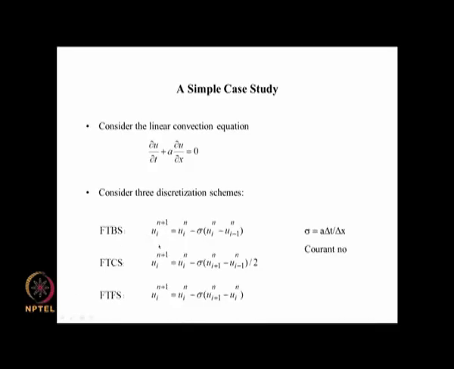So that means that we have a solution at ui at n plus 1, for example at the 9th point and at the 10th time step, which depends on the previous time step values, and the previous time step values depend on the previous time step values, and so on.